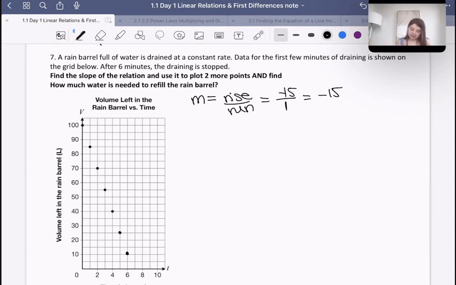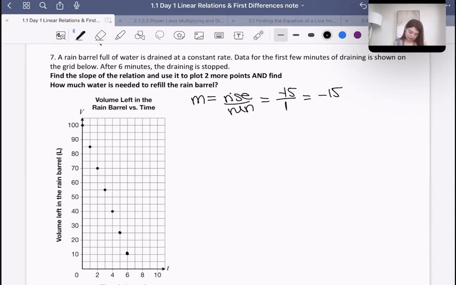And then it says, find how much water is needed to refill the barrel. Well, I think it should have perhaps told us what the full volume would be.